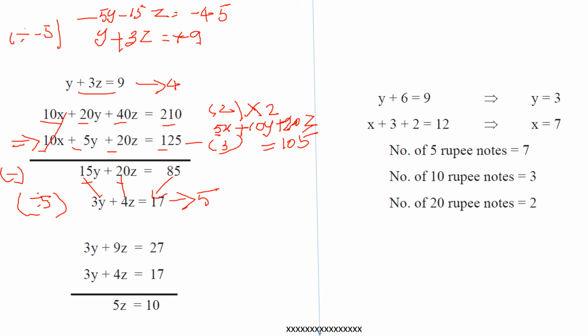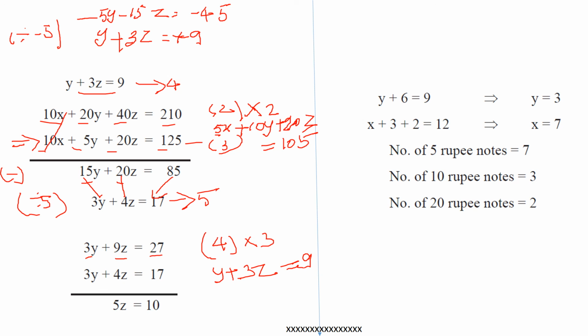So next we will eliminate one variable. Therefore we take fourth equation into 3. Our fourth equation is y plus 3z equal to 9. So 3 into y 3y, 3 into 3 9z, 9 into 3 27.